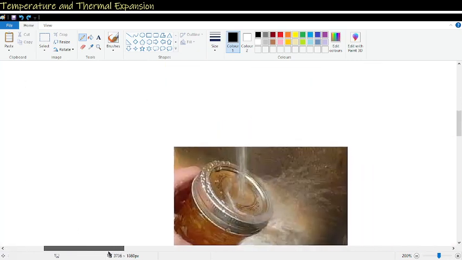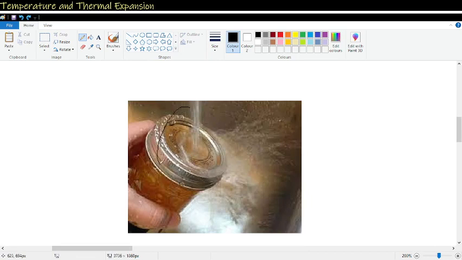I will move into the application. The most common application is to open a jar, right? To open a jar that is close to tight, you can put hot water on the metal lid because it will make the lid expand. As you can see, this is made of metal, so the metal will expand more than the glass.